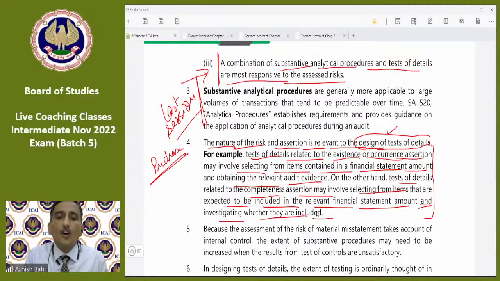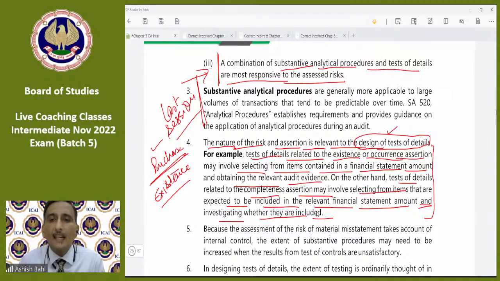Okay, so if the auditor at first is designing tests to check the assertion of management regarding existence, that these purchase transactions have in fact occurred and pertain to the entity, then he would be devising his audit procedures in a different way.